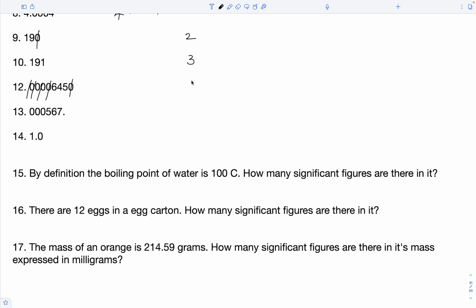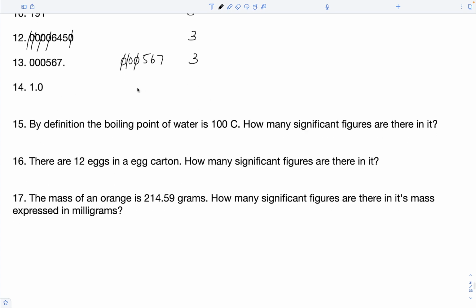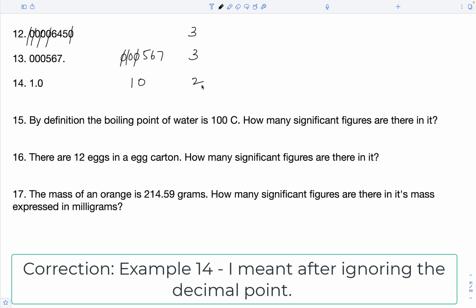So there are 3 significant figures here, and in this case we have a decimal, so drop the decimal and write it as 000567, and these zeros are not significant, so there are only 3 significant figures here, and this can be written as 10 after ignoring this decimal place, and we need both the digits for its magnitude, so the number of significant figures here is 2.